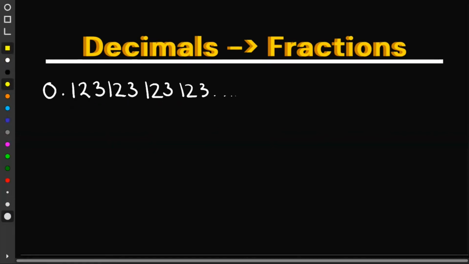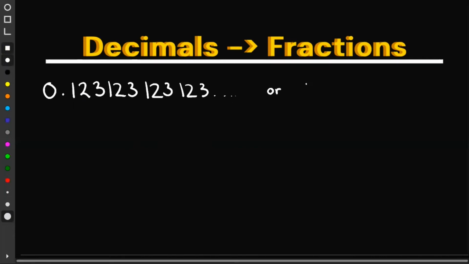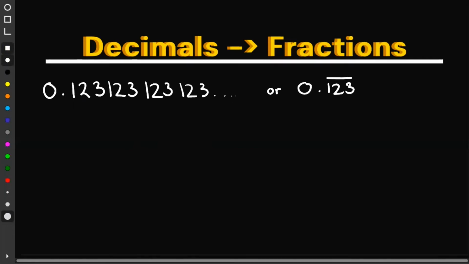So how do we deal with this one? First note that we can write this as 0.123 with a bar on top. This bar simply refers to the numbers that repeat.